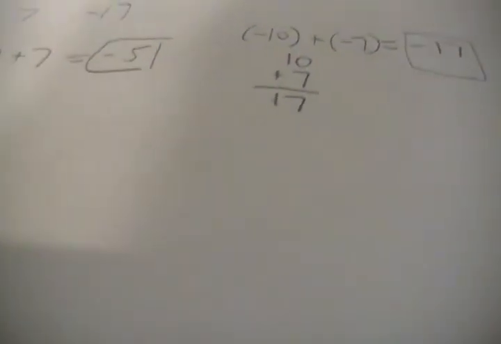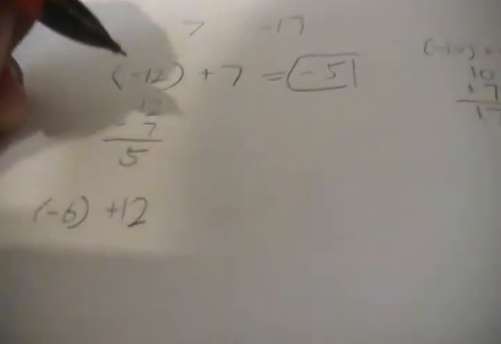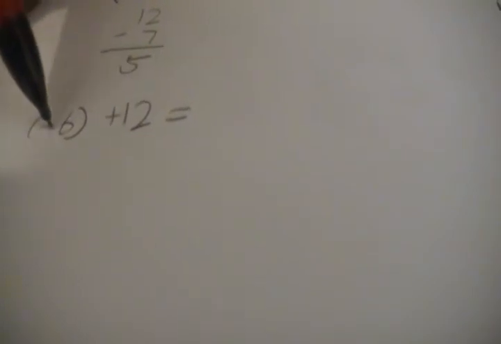Alright, let's try another one. Let's try negative 6 plus 12. Okay, so we have a negative number, which is negative 6, plus 12, which is a positive number. So what was the rule when we have a positive and negative number like this?